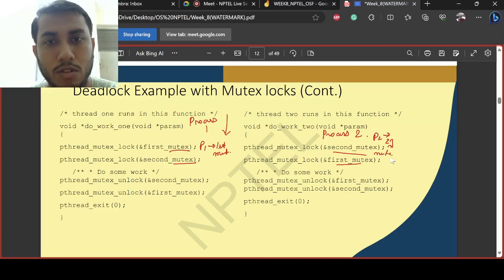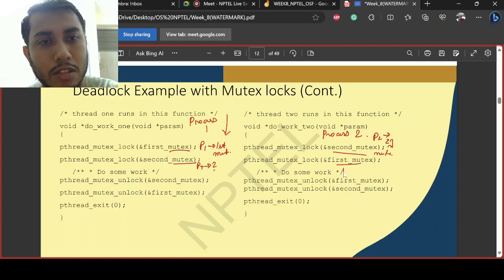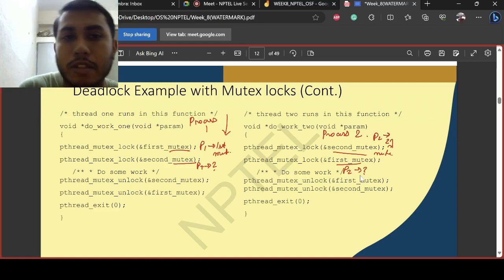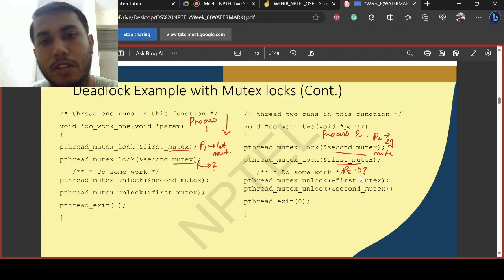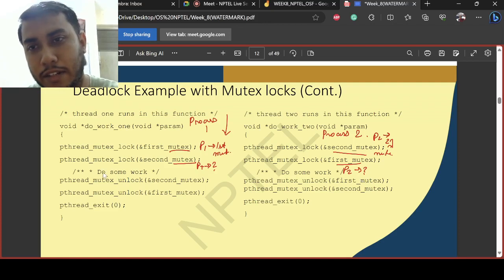Now what happens? P1 requires the second mutex, and P2 requires the first mutex. But they can't get it, because P1 is hanging on to the first mutex and P2 is hanging on to the second mutex. So neither of these processes can proceed; they wait at this part of the code and are not able to access the rest of the code.